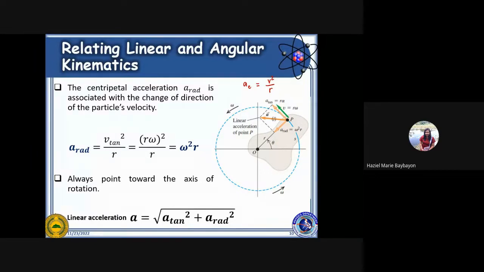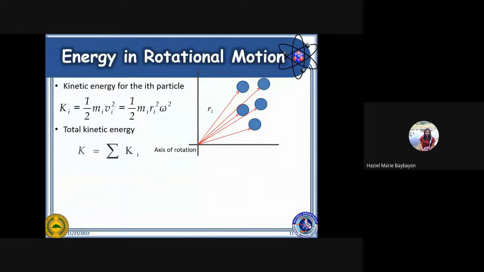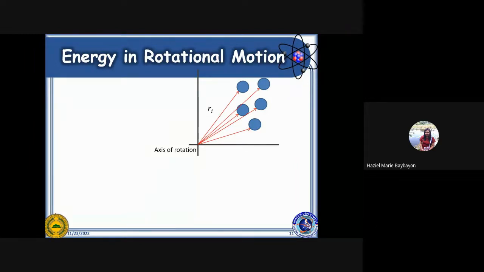So the linear acceleration A has two components, A tangential and A radial. Okay, so take a look at this. We can get the linear acceleration, and it is composed of the radial acceleration as well as the tangential acceleration. So we just have to substitute here R alpha squared, and then you have here omega squared R. Okay, now, knowing all those things, this shows the relationship between your linear motion and rotational motion.